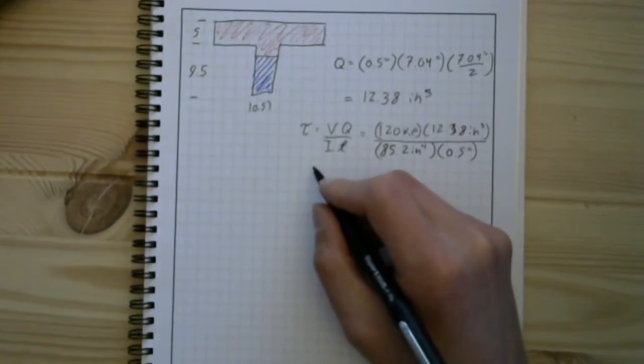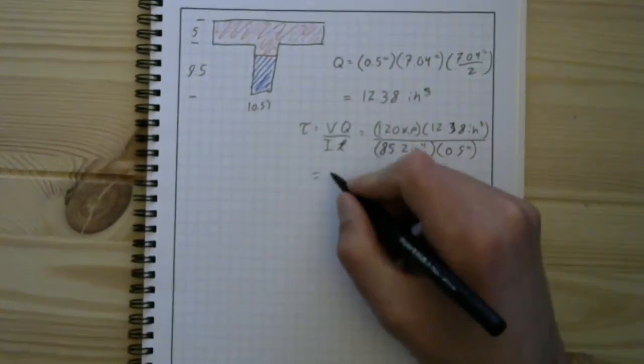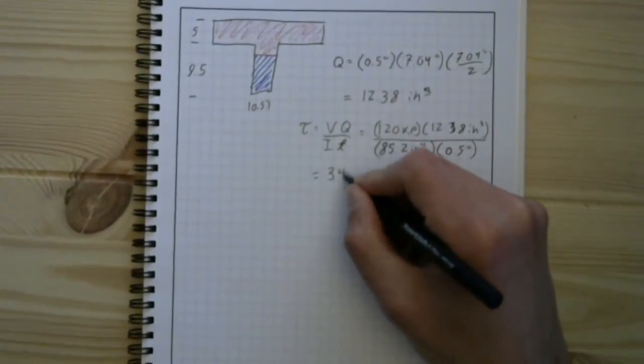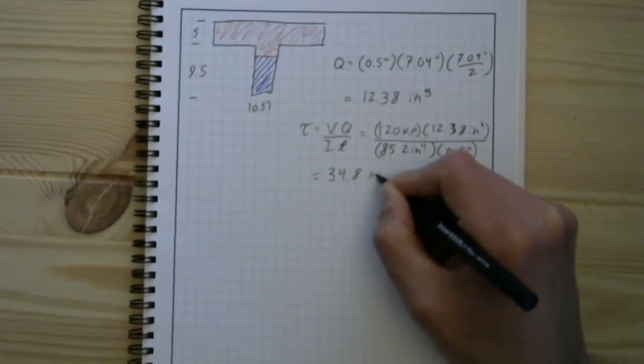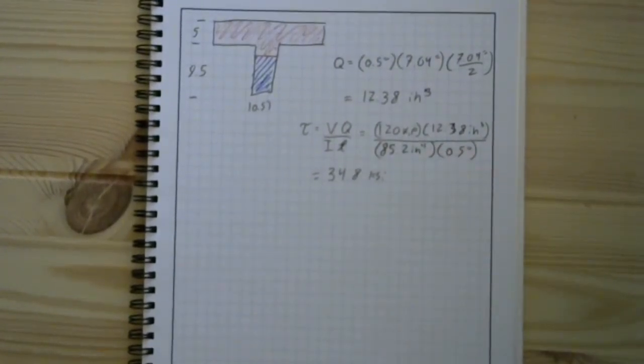And that is going to give us 34.8 KSI, which will be the maximum shear stress this section experiences from the shear.